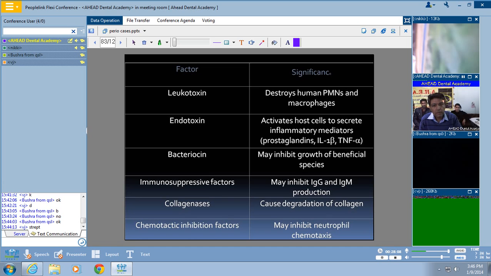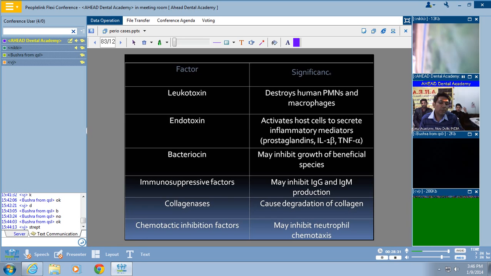Then there is bacteriocin, which may inhibit the growth of beneficial species. You can go through the book and just memorize these terms. Immunosuppressive factors may inhibit IgG and IgM production. And you have collagenases, which cause degradation of collagen. Then you have chemotactic inhibition factors, which inhibit neutrophil chemotaxis. So these are broadly the factors.